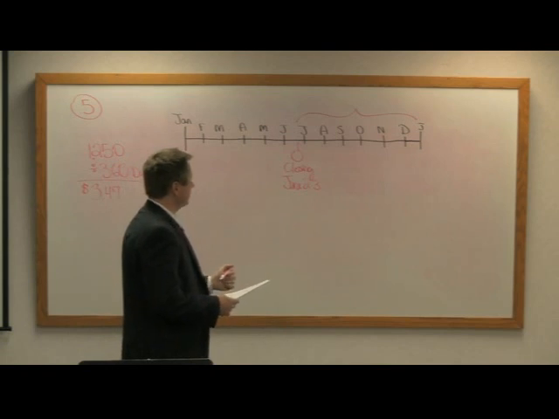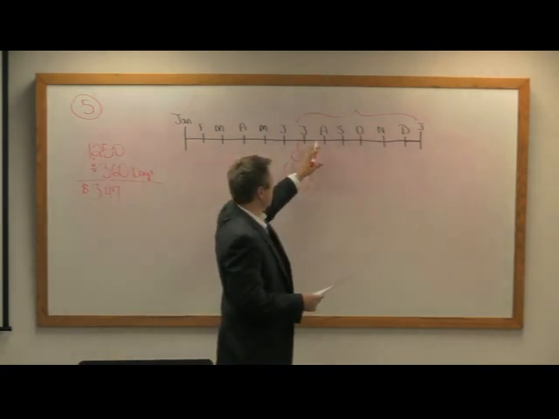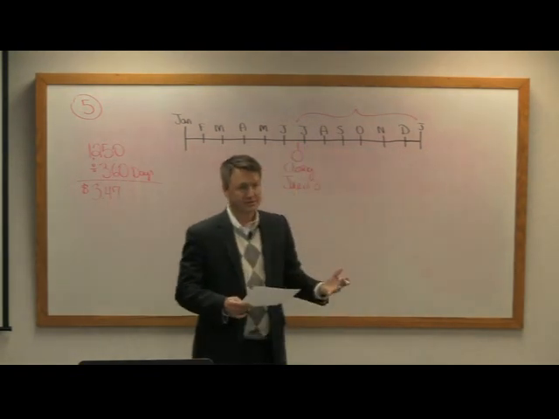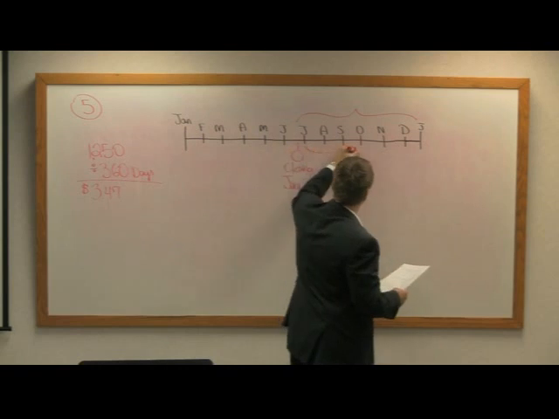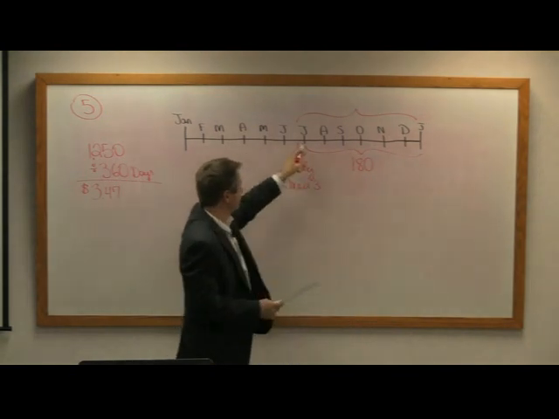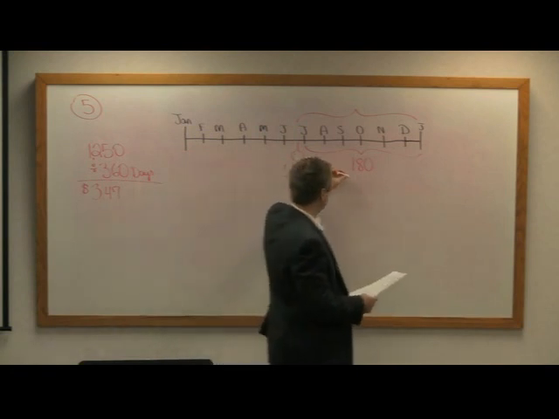So how many days? If July is the middle of the year, July to the end of the year is 180 days. So I could just say July to the end is 180. And then from June 23rd to the end of the month, if I have a 30-day month, is 7.